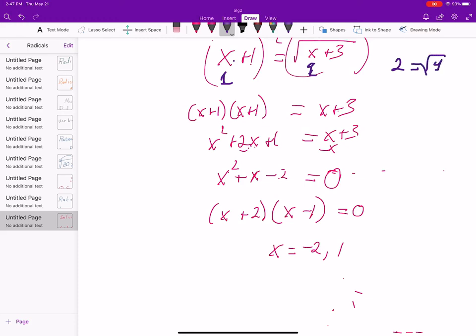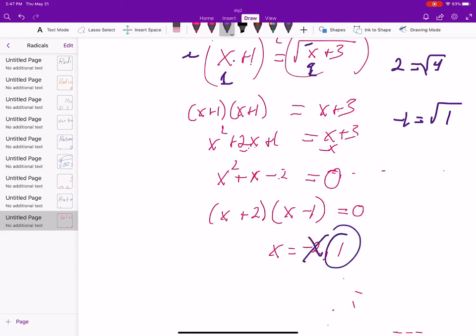Well, that works just fine. But if I put negative 2 in there, I'm going to get negative 2 plus 1 is negative 1 equals the square root of negative 2 plus 3, which is 1. The square root of 1 is not going to be a negative 1. The square root of 1 is going to be 1. So that number we would have to throw out and only have the 1.